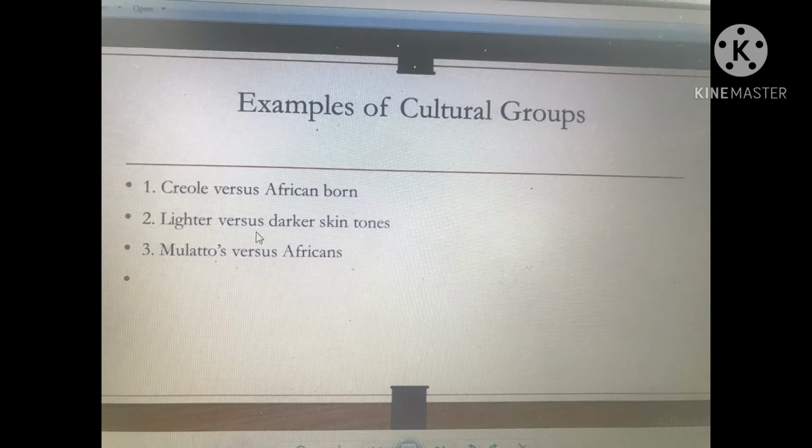So the lighter your skin tone was, the more preferred you were. The darker your skin tone was, the lower you were on the spectrum, so to say, and the more African you were, or the less African you were. And finally, we had the mulattoes, who are the children of mixed-race parents. When persons of white ethnicity and persons of black ethnicity, the whites and the Africans, had kids, they were called mulattoes, versus those who were of African parents.